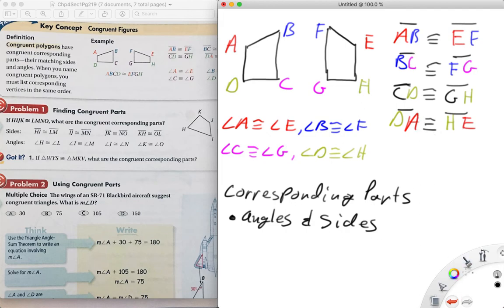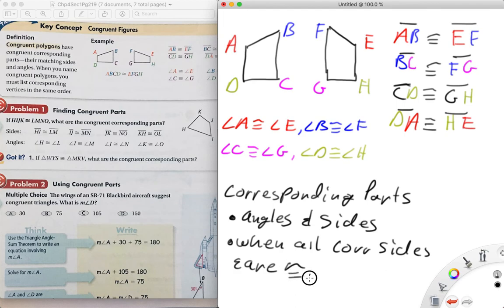When all corresponding sides and angles are congruent, then the two figures are congruent.